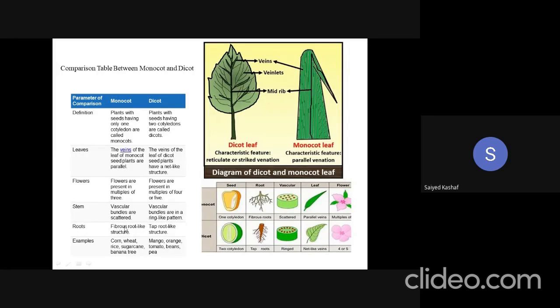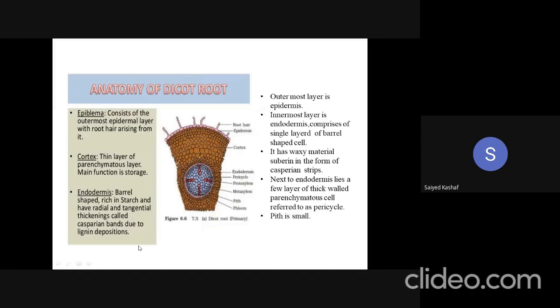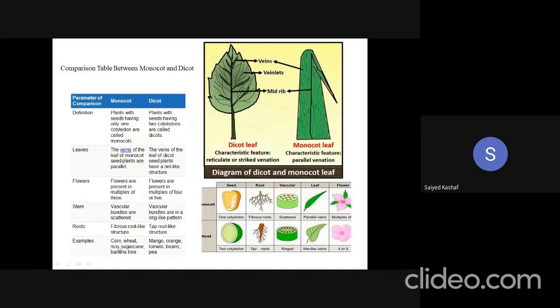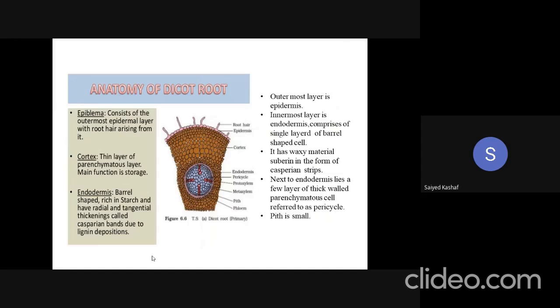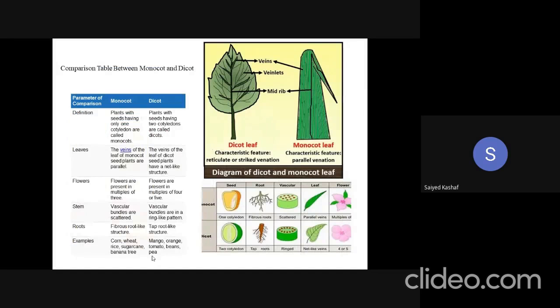And for the roots, fibrous roots are present in monocots, and tap root structures are present in case of dicots. Corn, wheat, rice, sugarcane, and banana tree are examples of monocots, and mango, orange, tomato, beans, and pea are examples of dicots. These are the external or morphological differences between dicot and monocot plants.